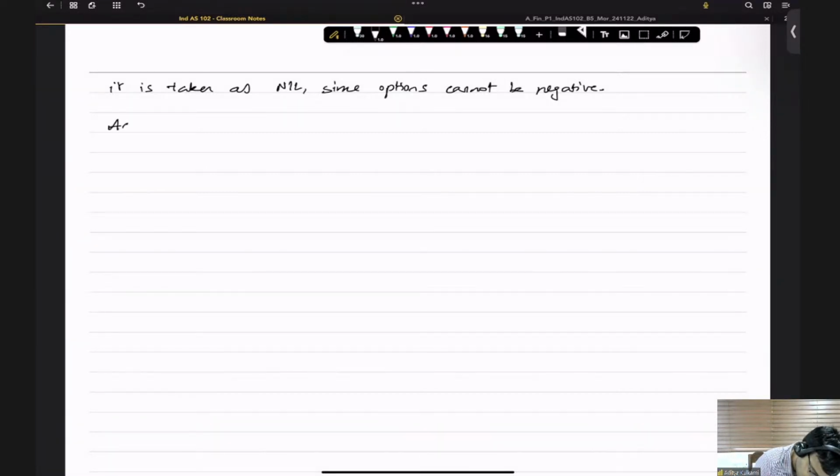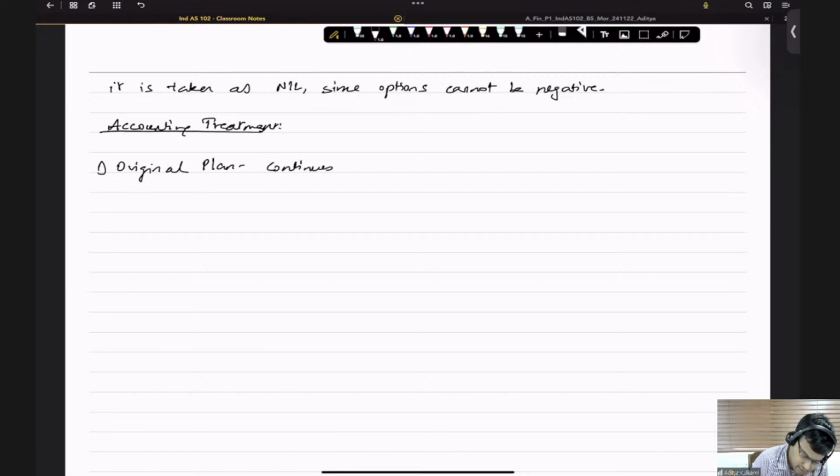So accounting treatment: first, the original plan continues in the original manner without change.